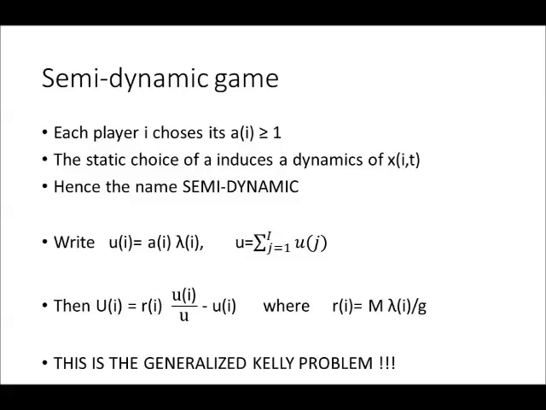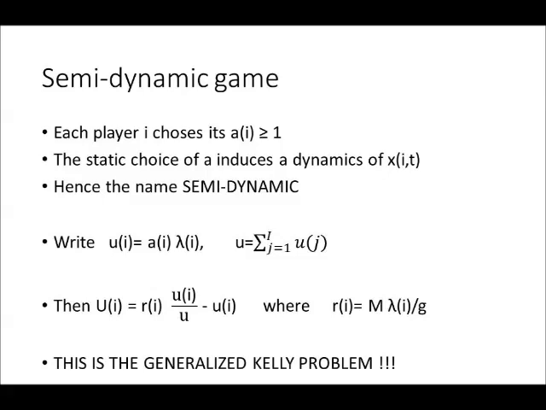We now write small u of I as the product of AI and lambda I. So small u of I is the popularity of player I's content after it advertised them, after it multiplied lambda I by a multiplicative factor AI. We denote by u the sum of these post-popularities, the sum of these u's.